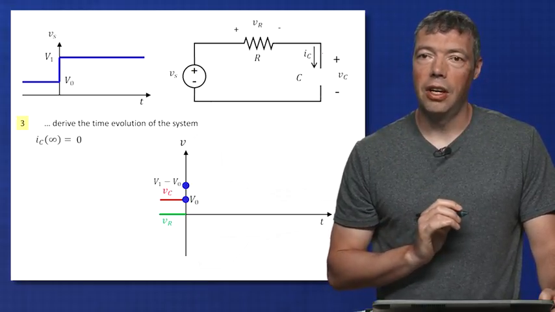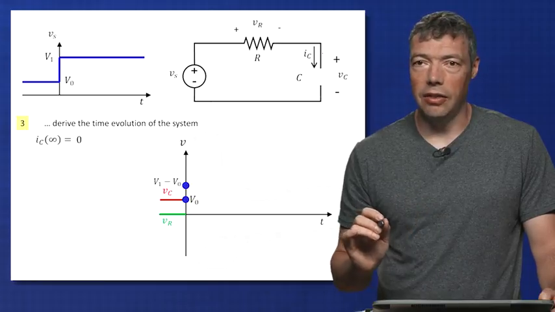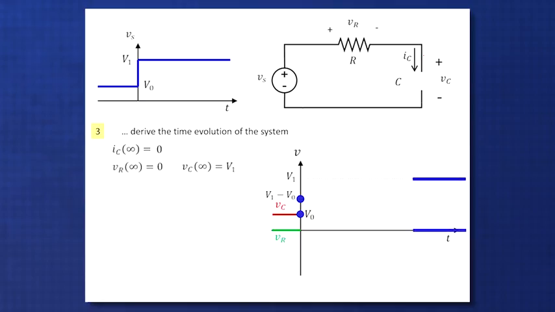So I again have this system that I can easily analyze. All my currents are equal to 0. The voltage drop over my resistor is equal to 0 as a result of Ohm's law. And again, my entire voltage V1 is now across my capacitor. And so I know that after a long time, this is where my capacitor voltage is going to end up, and this is where my resistor voltage is going to end up.